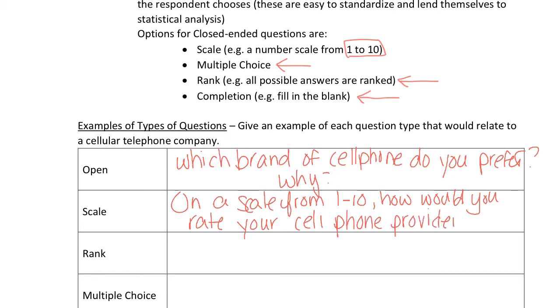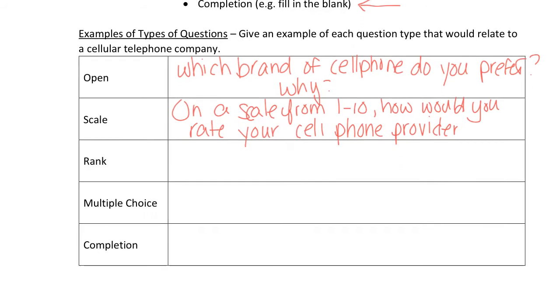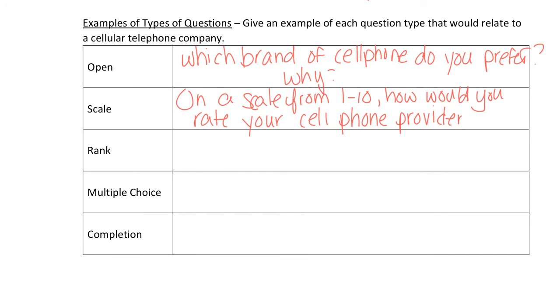So if we had 1,000 different people rate their cell phone provider, we could say, 80% of the population rate their cell phone provider in the bottom, at a 3 out of 10. Okay, something like that. Okay, let's now do a ranking example.